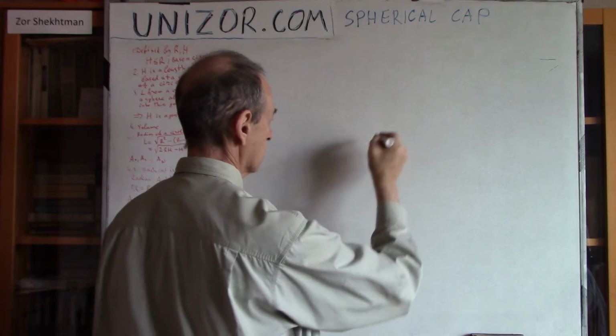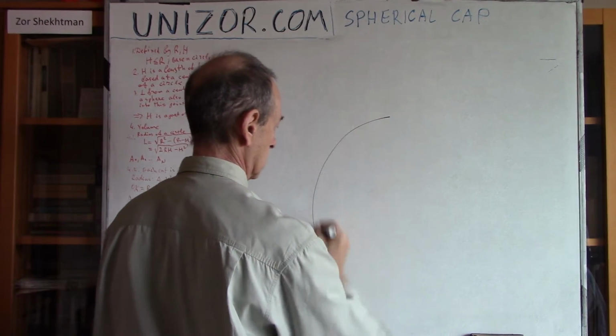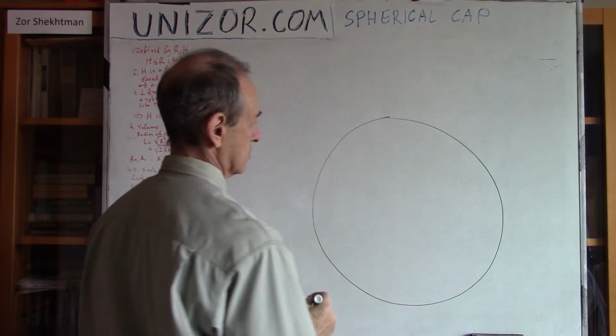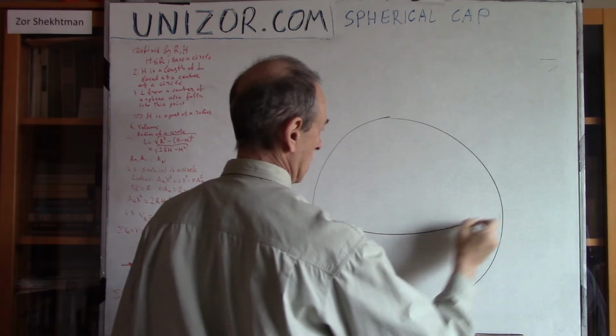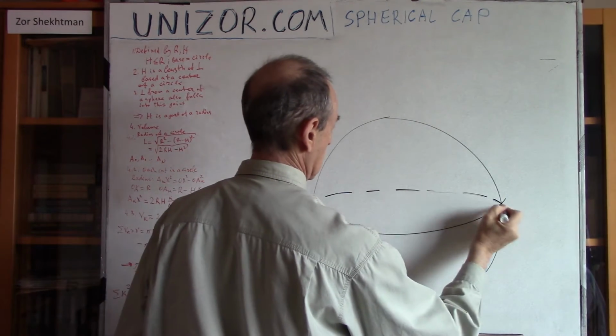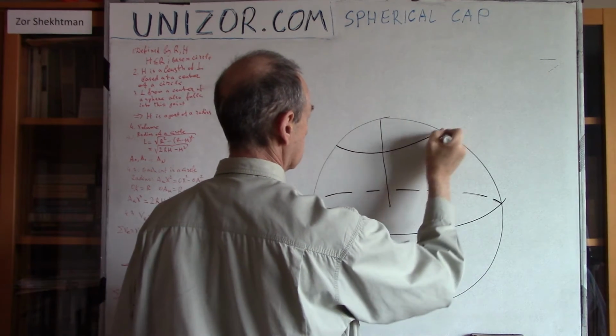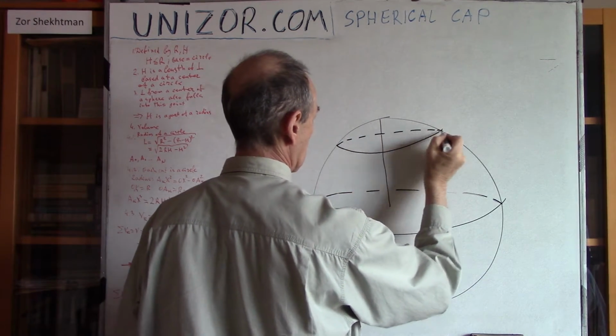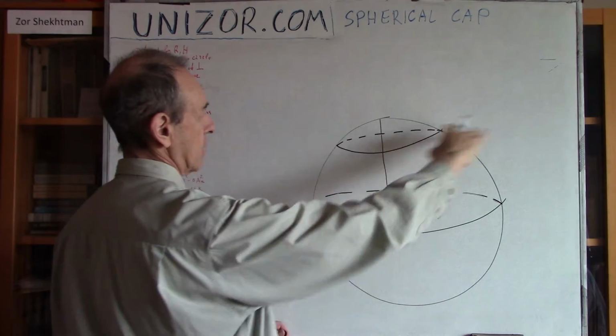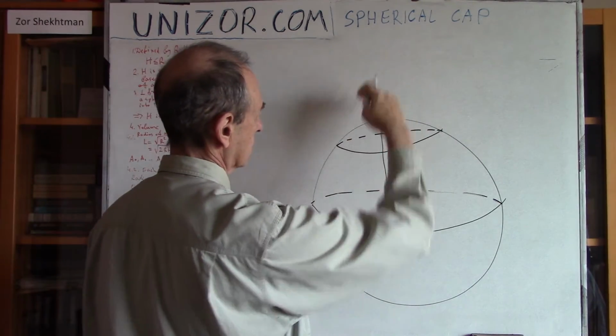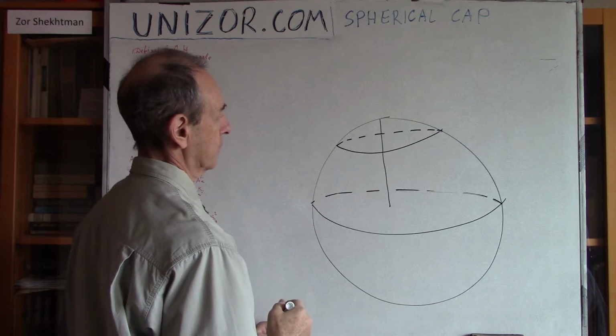So what I will do is I will have something like this as my sphere. Now this is my perpendicular to the plane. So this is my plane, and on the top is my cap.